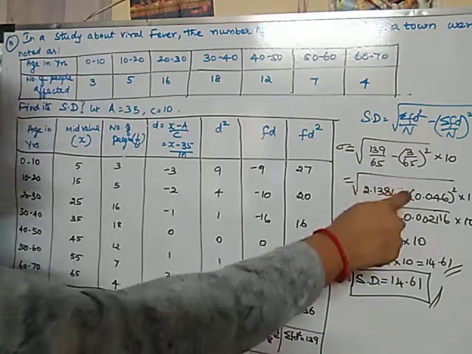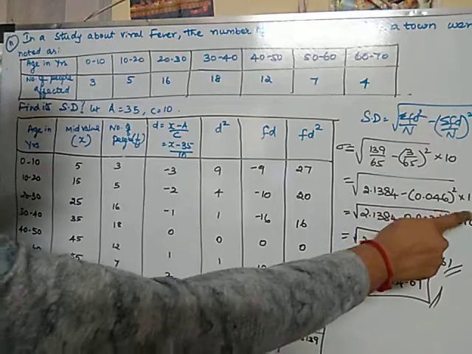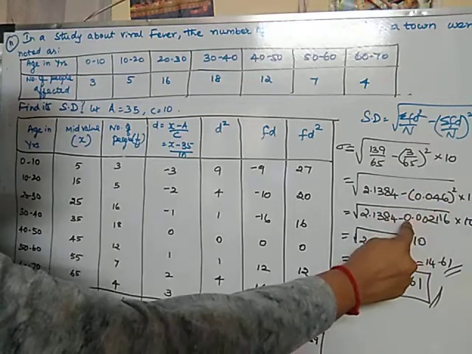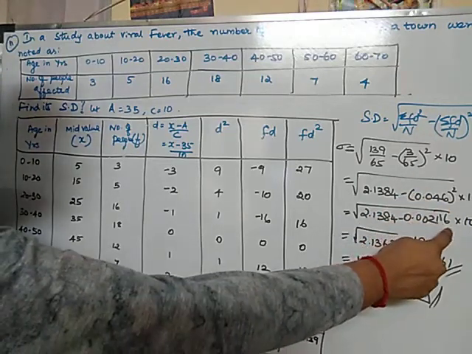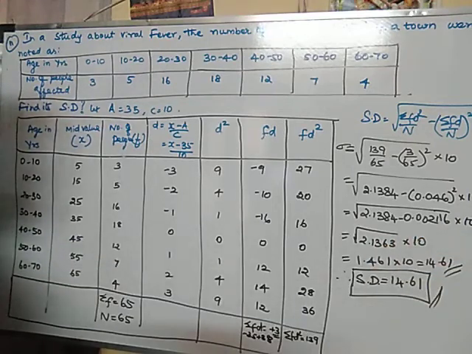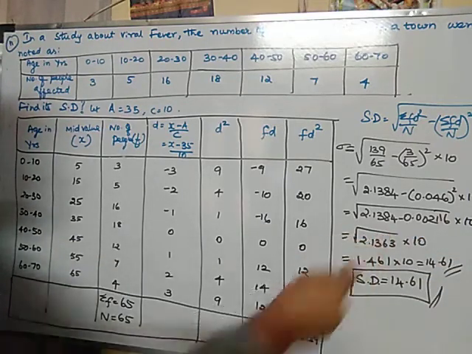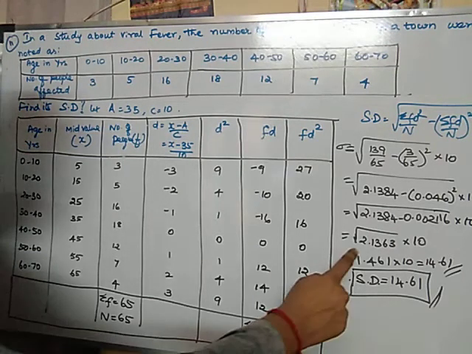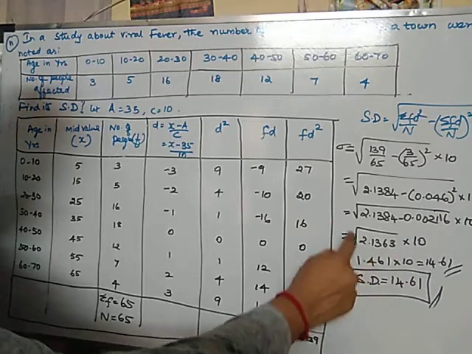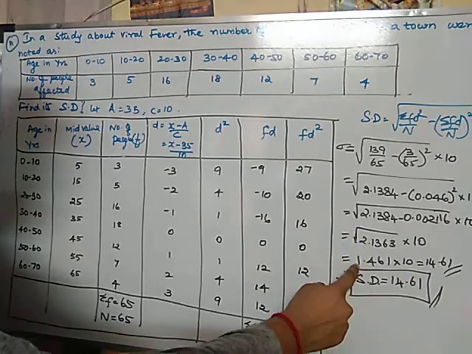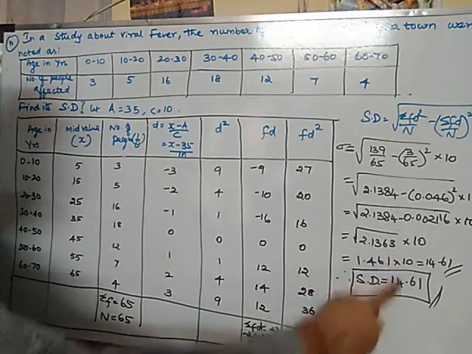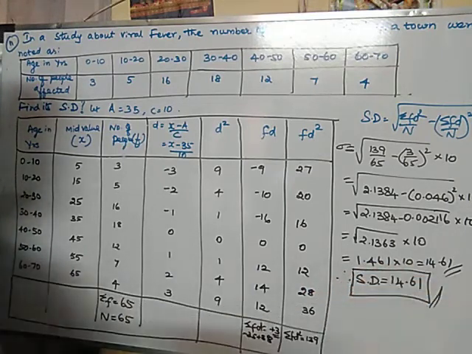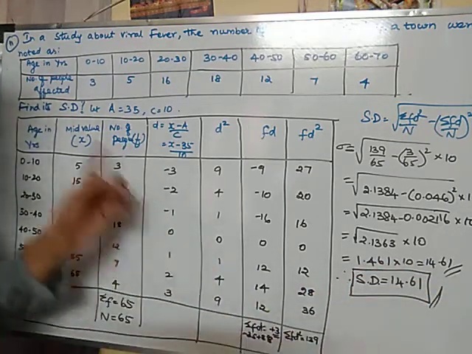Subtract this: 3 by 65 is 0.0446. So square it, you'll get 0.002146. Now subtract: 2.1384 minus 0.002146, which is 2.1363. So square root of 2.1363, when you find the square root by long division, the answer will be 1.461. Multiply by 10, it is 14.61, that is your standard deviation.